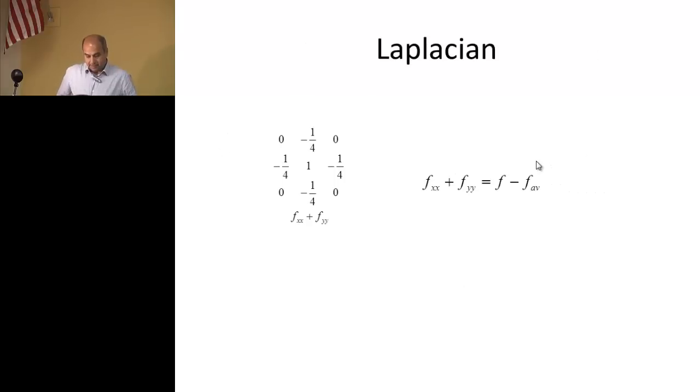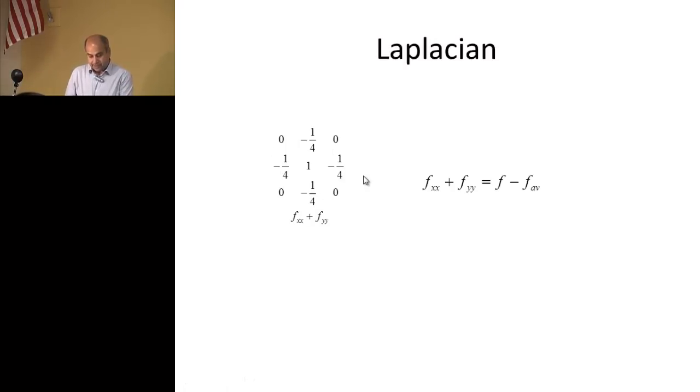Then the Laplacian mask is like this: if you want to compute the second derivative in x and the second derivative in y and add them up, you can apply a mask like this directly. These weights are different. Left and right have 1/4 and top and bottom have 1/4, and then these are zeros.